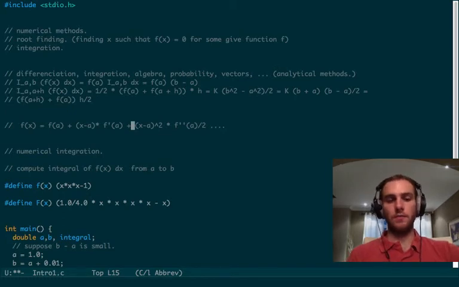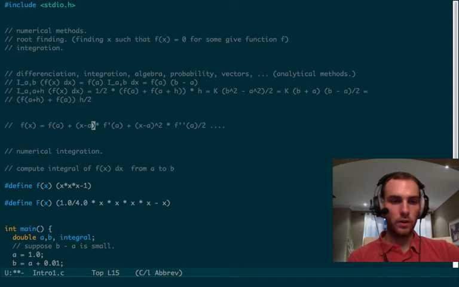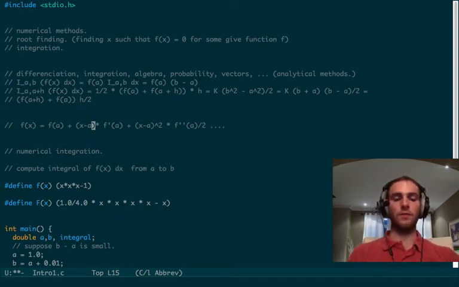If it's to the third power, it's going to go to 0 faster than if it's to the second power. If it's to the first power, it's not going to go to 0 very fast, so you're going to have to make a pretty small interval to make it work.